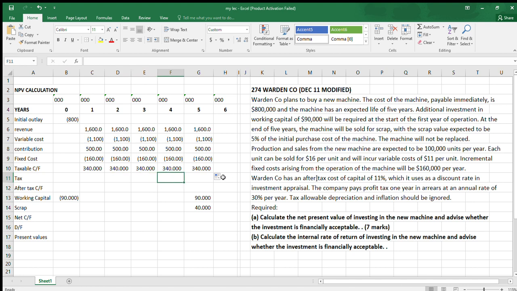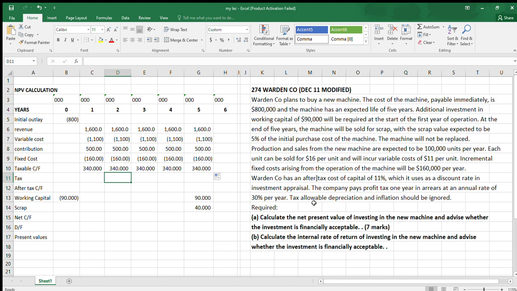If it was paid in the year the profit was made, year 1 is year 1, year 2 is year 2. Here it's simple, that's why the taxable cash flow is the same, so you just apply the rate and drag. In some cases the figures are different, so you have to take your time and apply the rate on each previous year's figure for the next year.